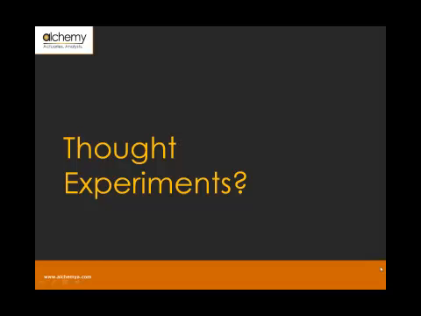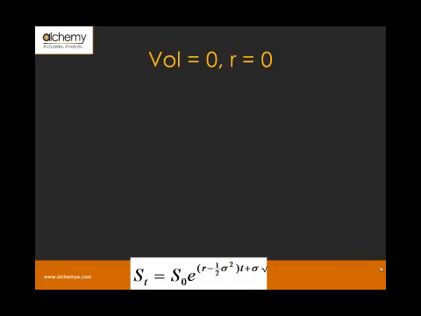A thought experiment is an experiment that allows us to ask some very simple, very basic questions, which put what we just learned in context. Let's start with the first one. If I were to look at the equation that we introduced as the primary process or the generator function behind the Black Scholes analysis, what happens when I turn r to 0 and I turn sigma or standard deviation to 0?